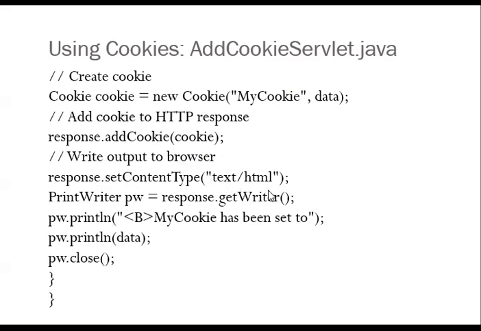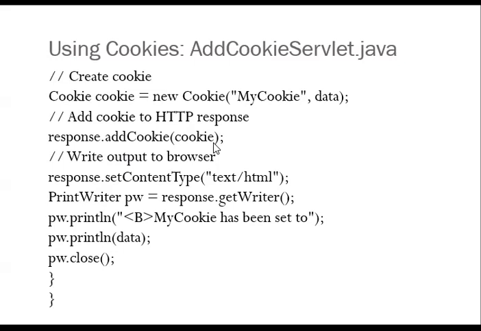We'll set the content type, get a print writer, then just print that my cookie has been sent. Once the response is received on the client machine, a cookie will be created with the name my cookie and the data that we have typed in the text box.